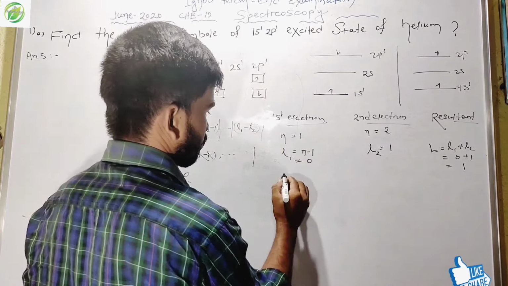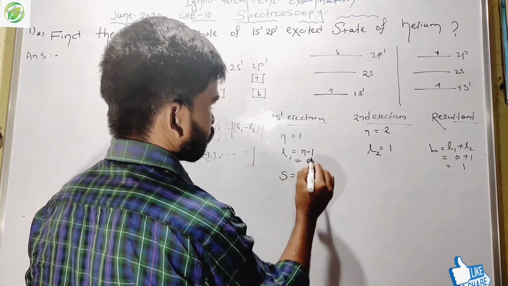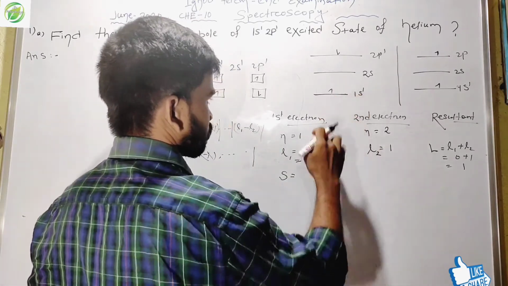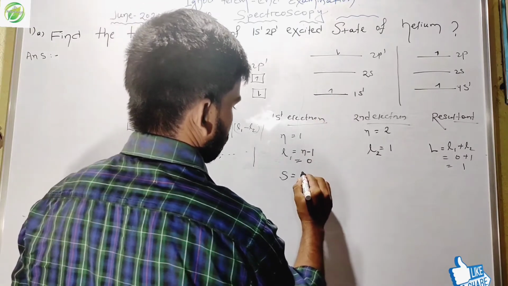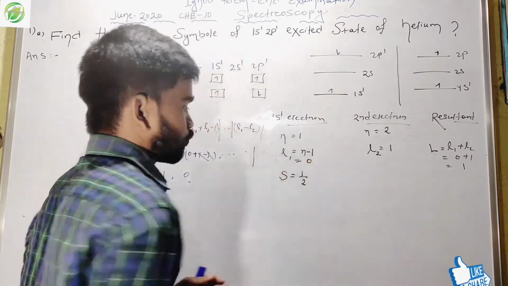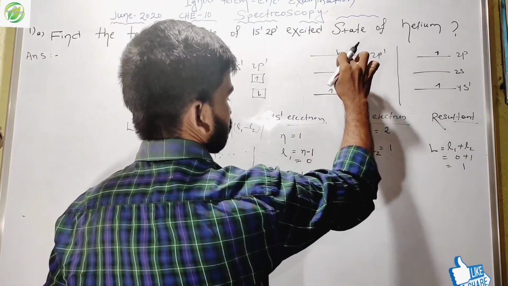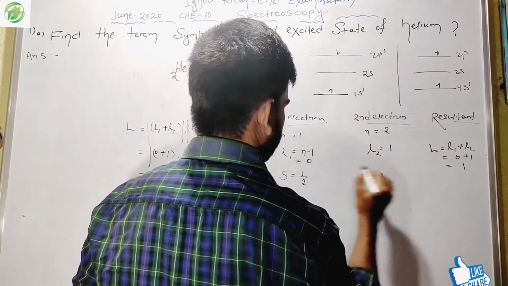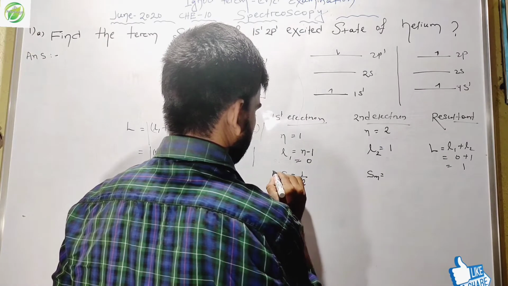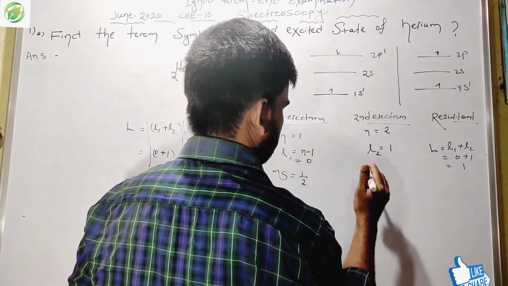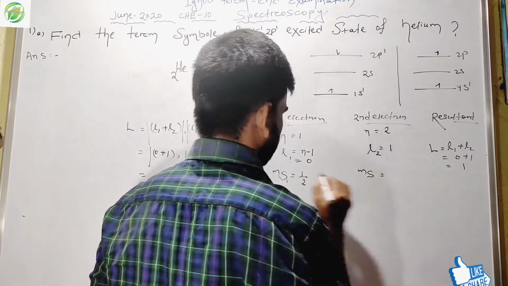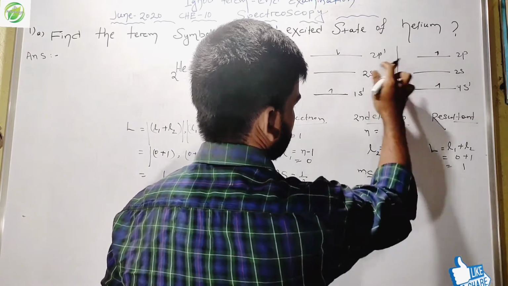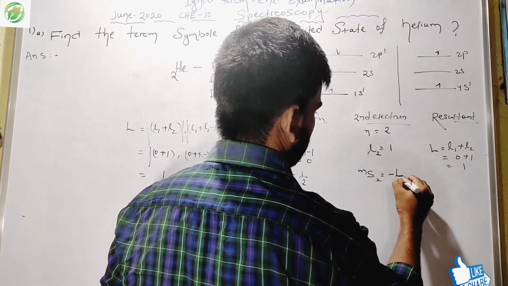For the spin quantum number S, the first electron has spin plus 1 by 2 and the second electron has magnetic spin quantum number minus 1 by 2.